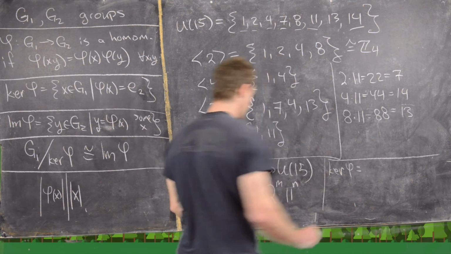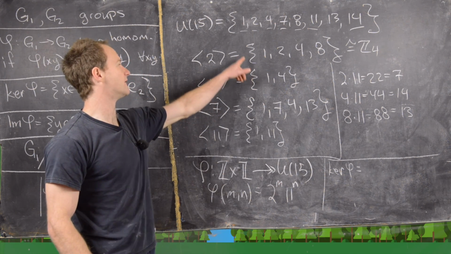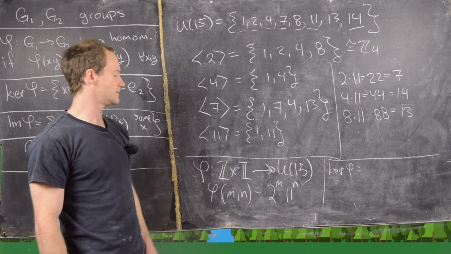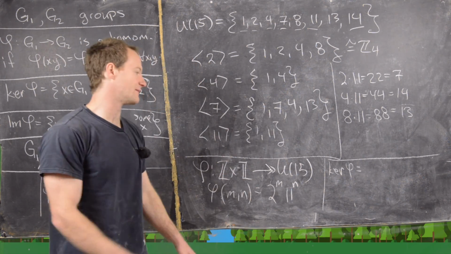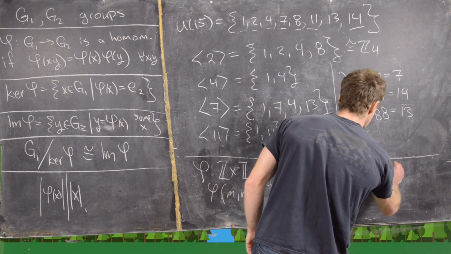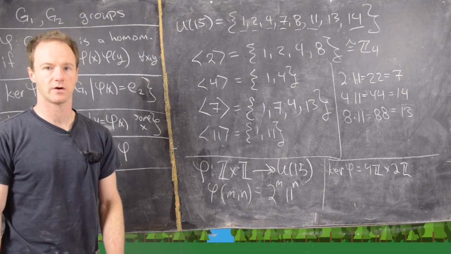And then the kernel of this is going to be all values when m is a multiple of 4, because notice 2 to the 4 is equal to 1, and then when n is a multiple of 2, so this is equal to 4Z cross 2Z. Okay?